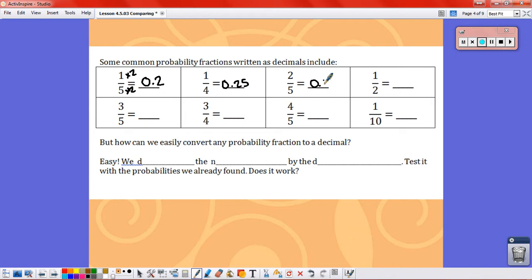This is 4/10. This is 5/10. This is 6/10. 75/100. And 8/100. And 1/10. And again, for any kids that need a reminder, we want to get 10 or 100 or 1,000 or another decimal denominator. So we look at what is the quickest way to get us there.